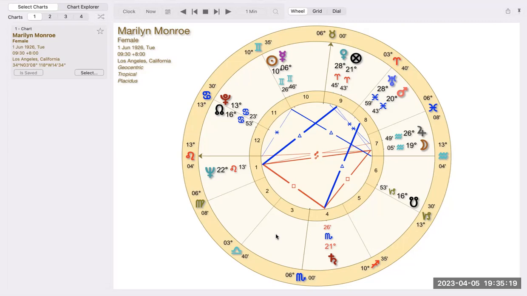Saturn is a mean beastie. Saturn is diurnal, malefic. Saturn is earth. It's melancholic, cold and dry, distant, slow, isolation, limits, restrictions, responsibilities, dark, sinister. I can carry on. And it's in Scorpio.